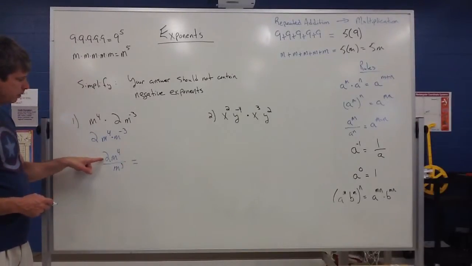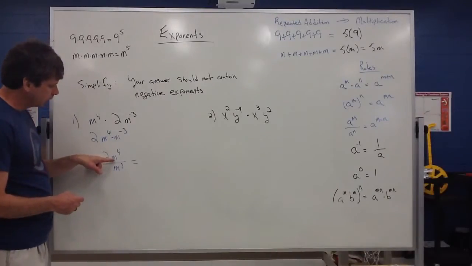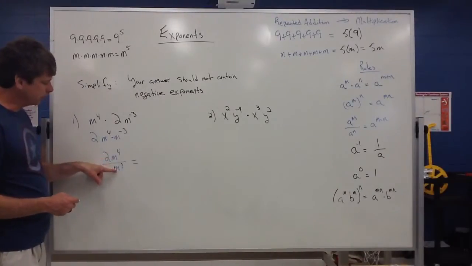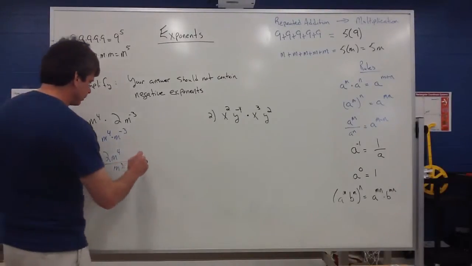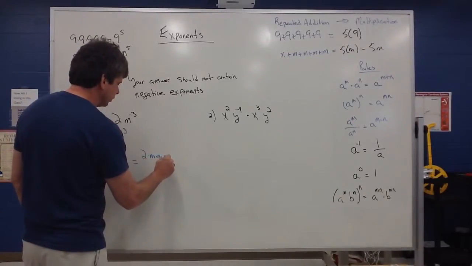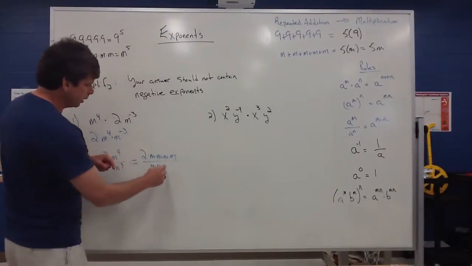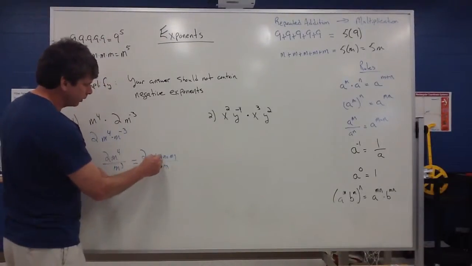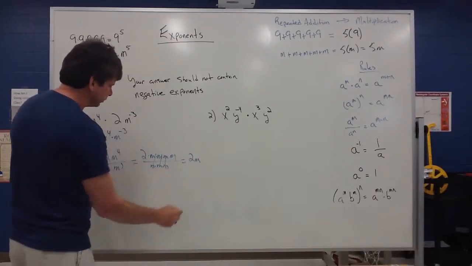The 2 is going to stay there, but if I have 4 m's on the top and 3 m's on the bottom, I should be able to pick up on that I'm dividing 3 of those m's. So I can look at this as 2 times m times m times m times m over m times m times m. So we pick up on that we're taking away. And what we're left with is just a 2 and an m.